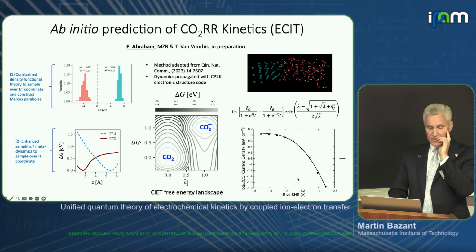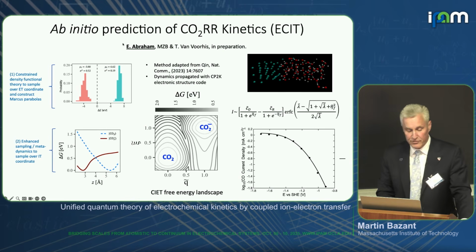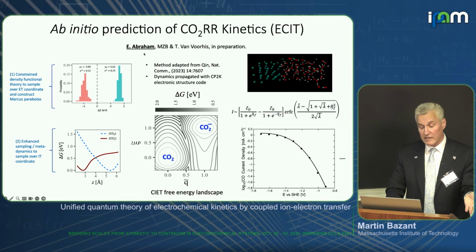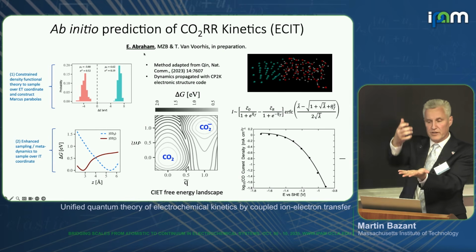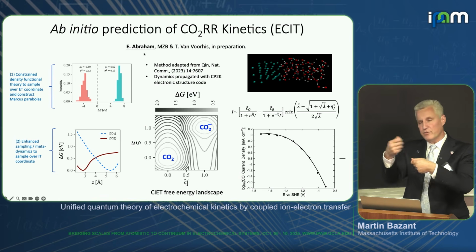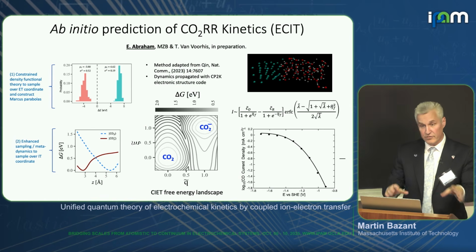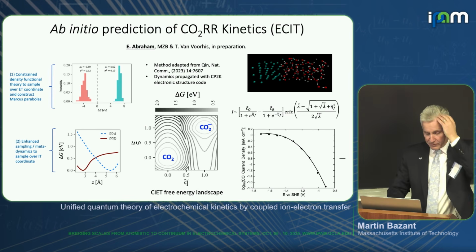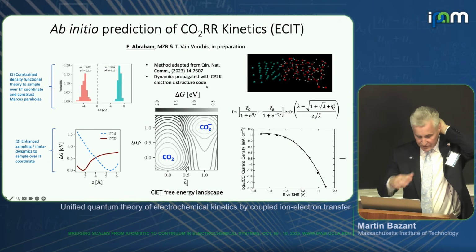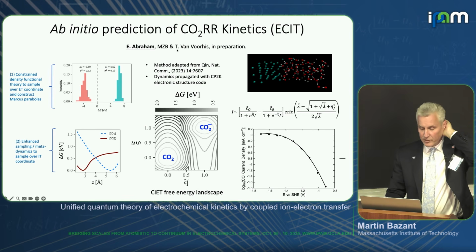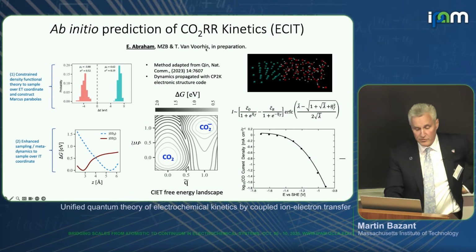And the interesting thing is that now we've come back to this. I now have a student doing quantum simulations of electro-catalysis. We're bringing the carbon dioxide molecule near the surface and doing constrained DFT calculations, also accounting for finite temperature effects of entropy in the molecular environment. This is in collaboration with Troy Van Voorhis, my colleague in chemistry.